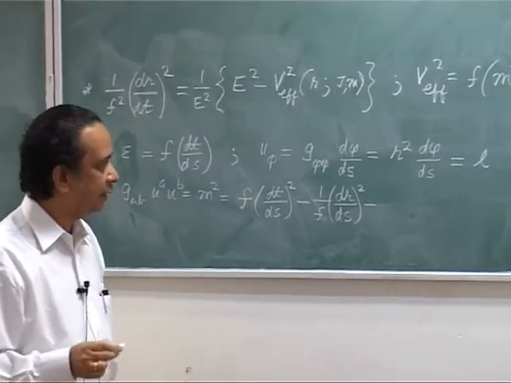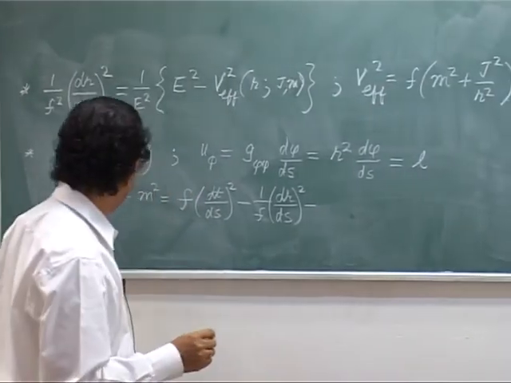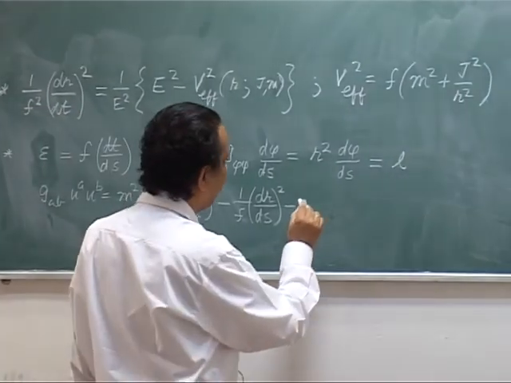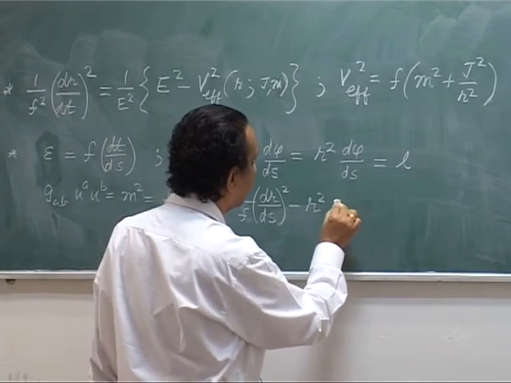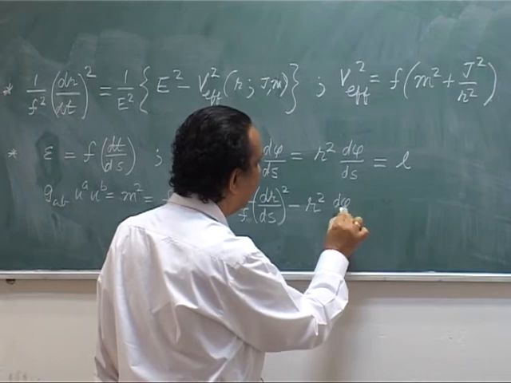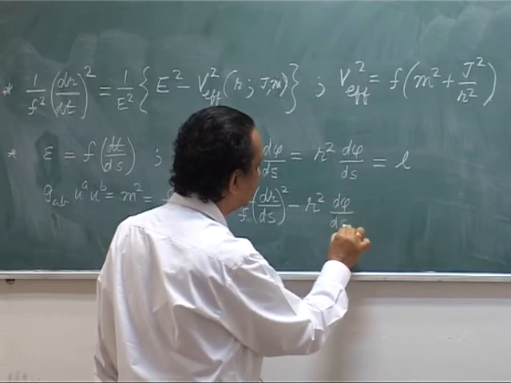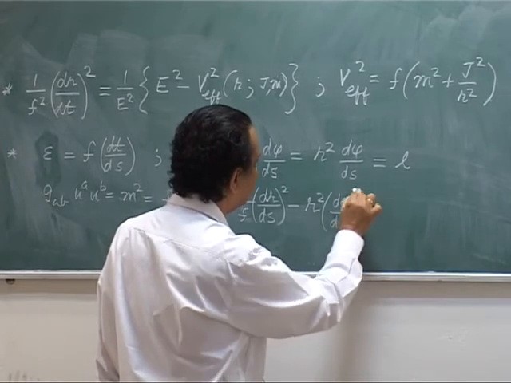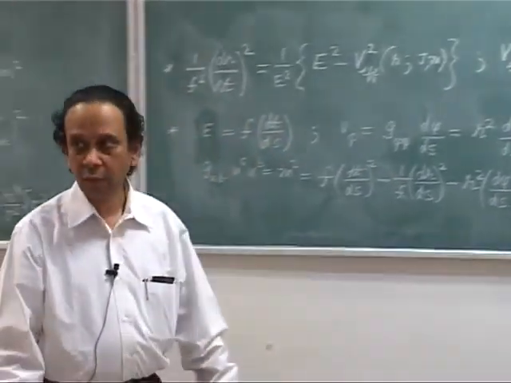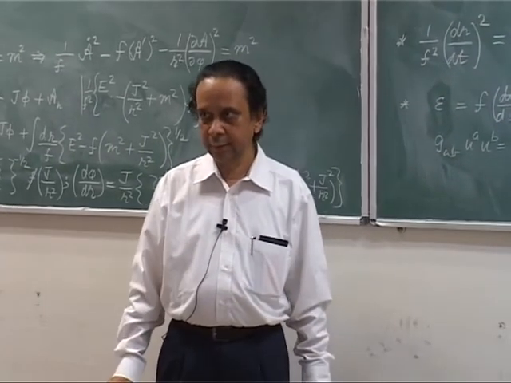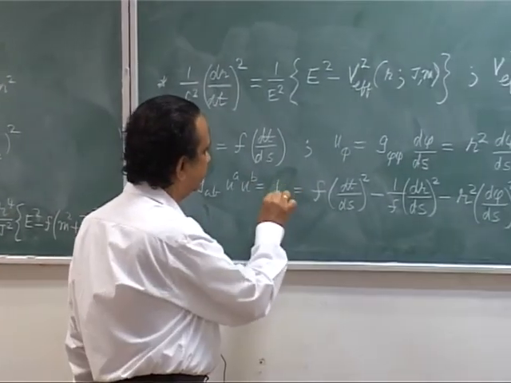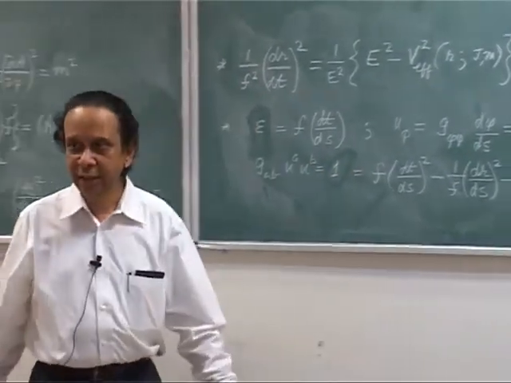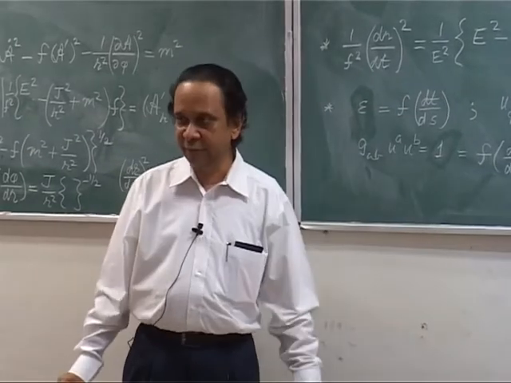Then you have the phi term which is r square d phi by ds the whole square. That is right. So, this is 1, good point. Okay. So, this is the equation which we need.